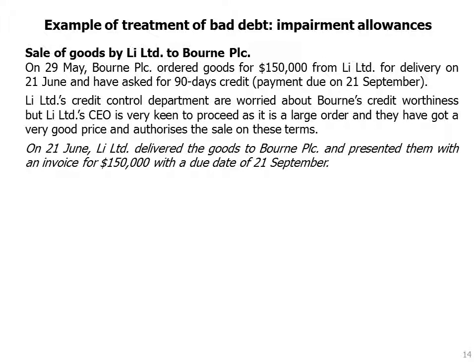Lee's credit control department are worried about Bourne's creditworthiness, but Lee Limited's CEO is very keen to proceed, as it is a large order and they've got a very good price, and authorises the sale on these terms. On 21st of June, Lee delivered the goods to Bourne PLC and presented them with an invoice for $150,000 with a due date of 21st of September.